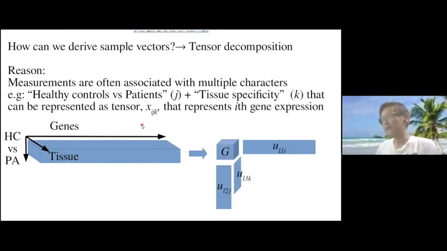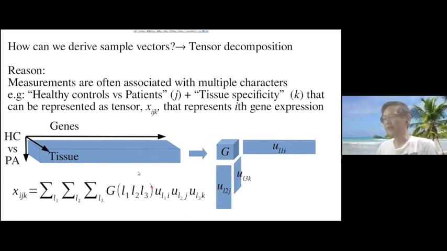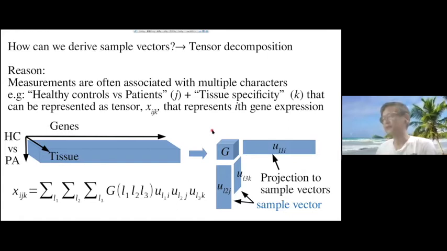I don't have enough time to explain what tensor decomposition is, but we can get sample vectors attributed to patients, sample vectors attributed to tissues, and projections onto these sample vectors. Mathematically, this is written like this. This is a unit vector, this is a weight, and summing up returns the original tensor representing the expression. So these are the two sample vectors we would like to have, and this is the projection onto these sample vectors. Automatically you get combinations of sample vectors and projection vectors.